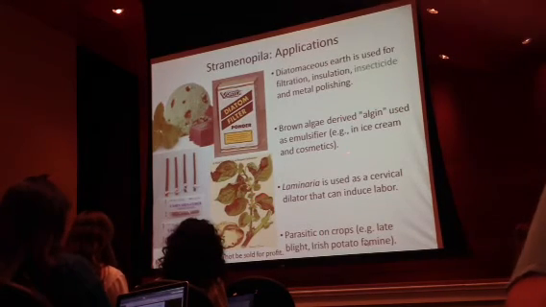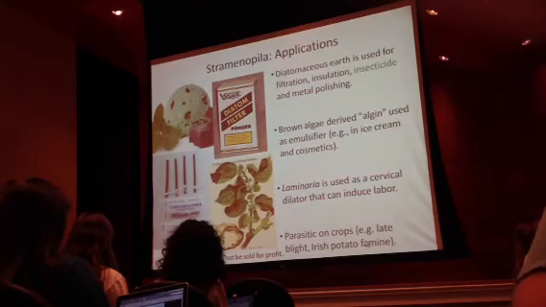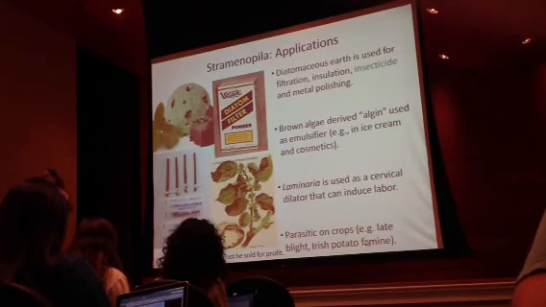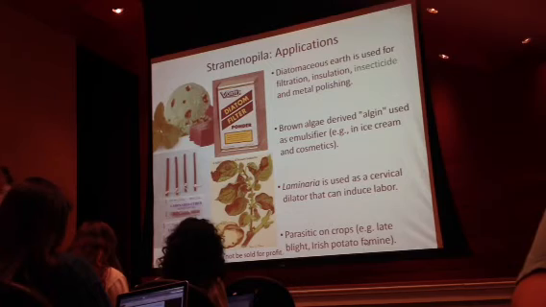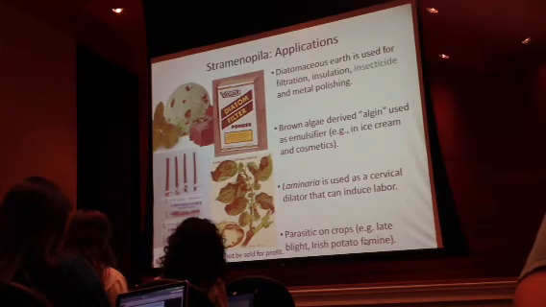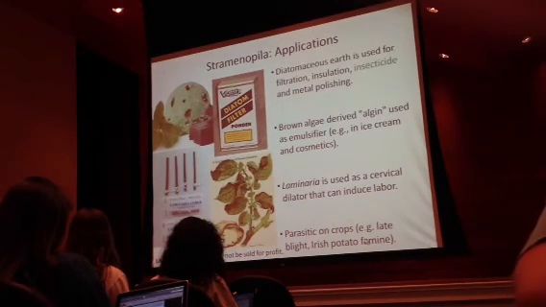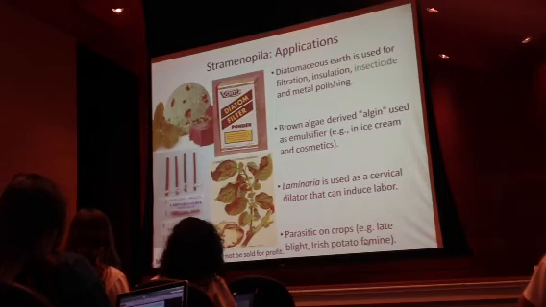Okay, this is my favorite. It's particularly bizarre. You know that big brown kelp I was showing you? That's called laminaria. And laminaria, when it dries out, absorbs water. What is particularly bizarre, because I don't know who could have thought of this, is they take the big long leaves, roll them up, stick a string on them, and when a woman needs to be induced to go into labor when she's pregnant, they put it in her cervix and it starts to absorb water again.